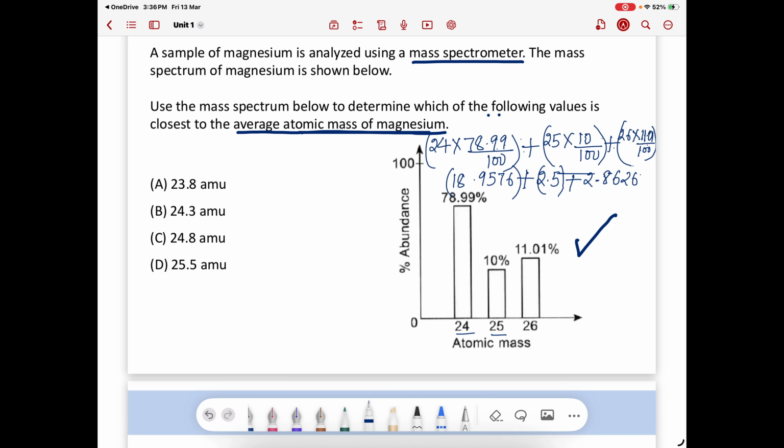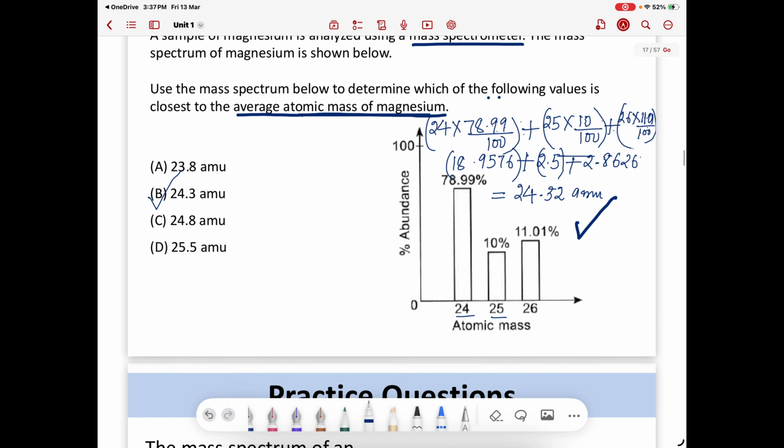So adding them all, you get the answer to be 24.32 AMU. So my answer is going to be B.